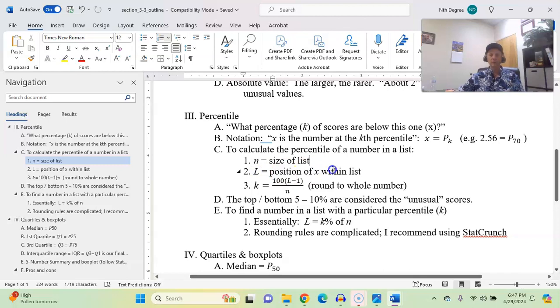So we would write L equals 36 for that student. Then we plug those numbers into this formula: K equals 100 times L minus 1 over N. That calculates to K equals 70 in this example, so she's at the 70th percentile. We round percentiles to the nearest whole number.